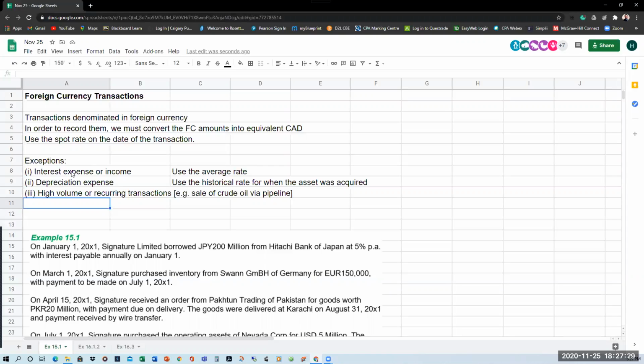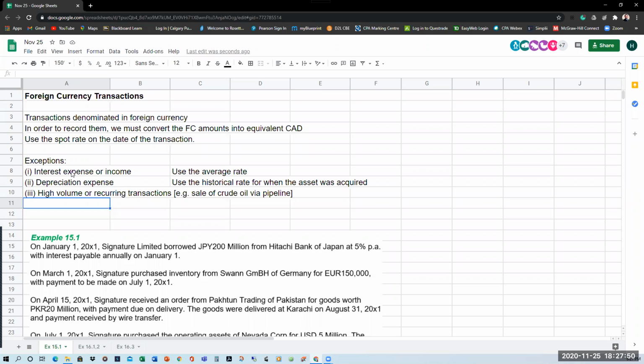It is possible for you to calculate the daily volumes transmitted and then compute your sales in equivalent Canadian, because for oil and gas companies, their sales prices are usually in US dollars. So it is possible to do it on a daily basis, but it might be a little bit overkill.